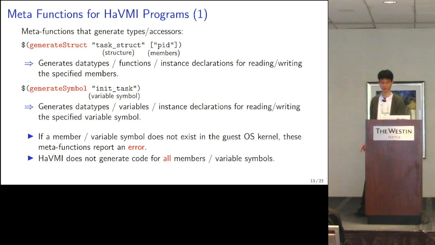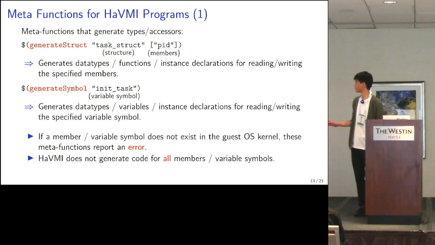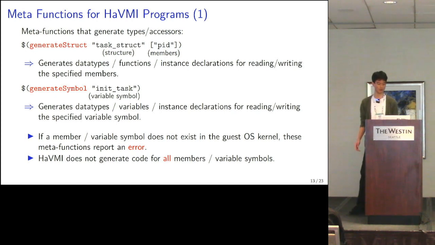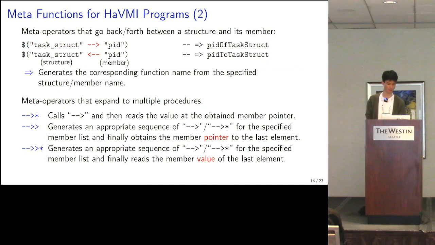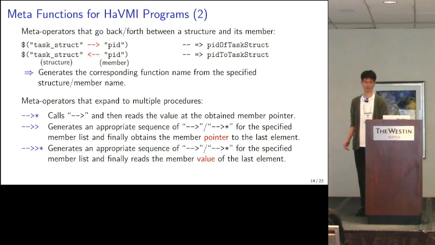And as seen in the two usages of meta functions, HaVMI does not generate code for all members and variable symbols. This is our design choice, so I will discuss it later. In addition, HaVMI provides meta operators that go back and forth between a structure and its member.